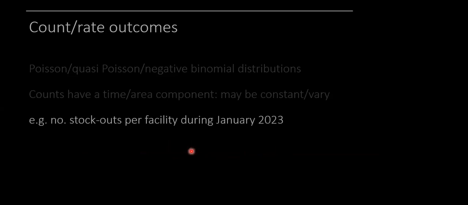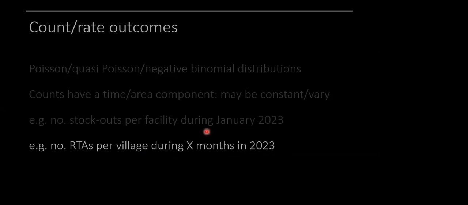Sometimes the time component is just implicit, like when it's constant, it's often not acknowledged. But if the effort in your data, in terms of how much time you've used for each observation, or the area component varies, then that is part of the outcome which you can account for in the model.